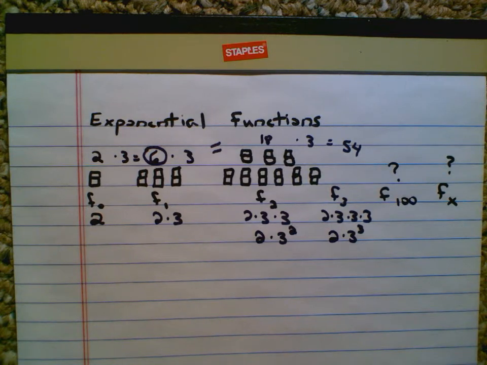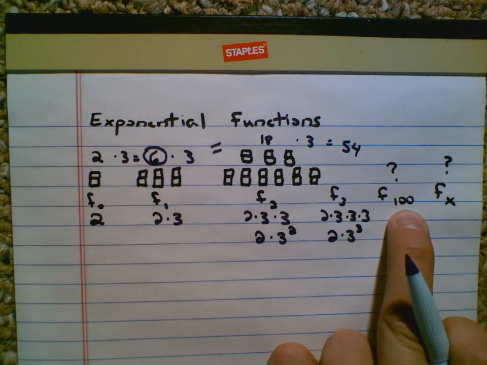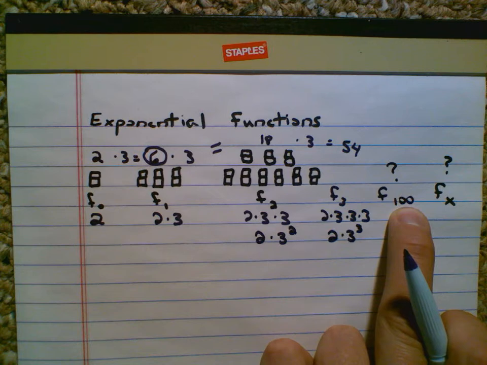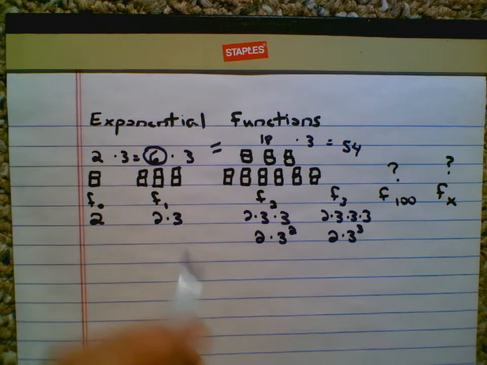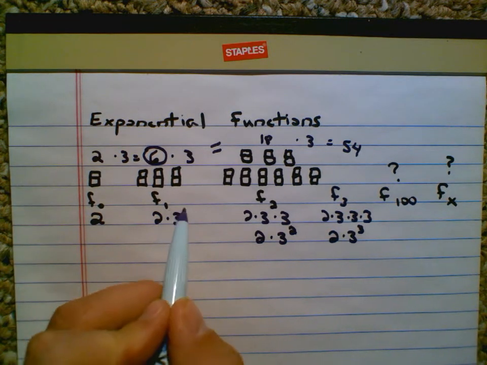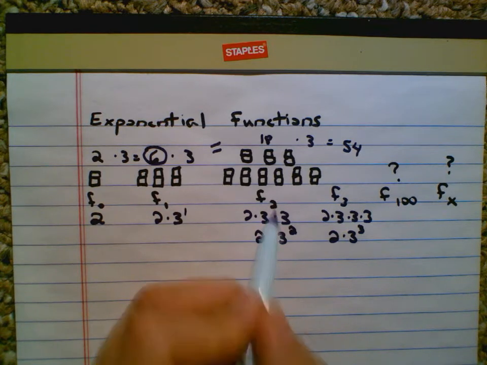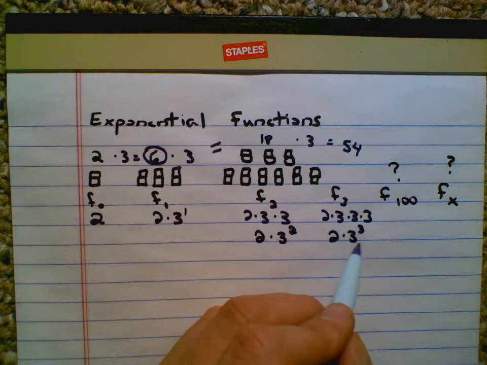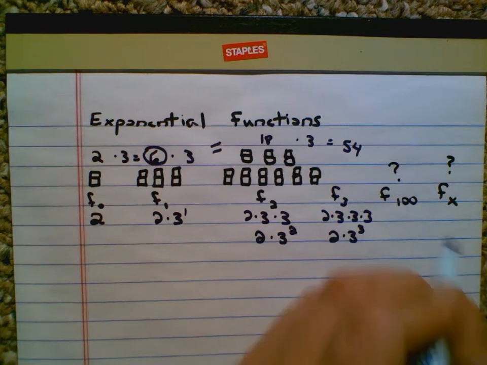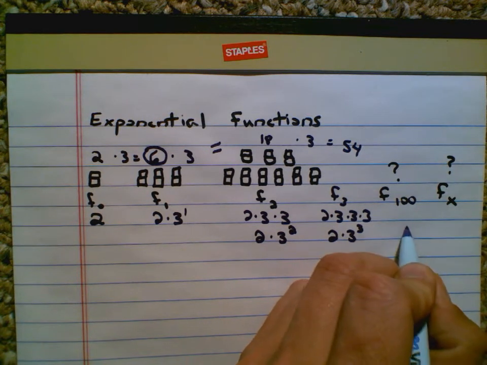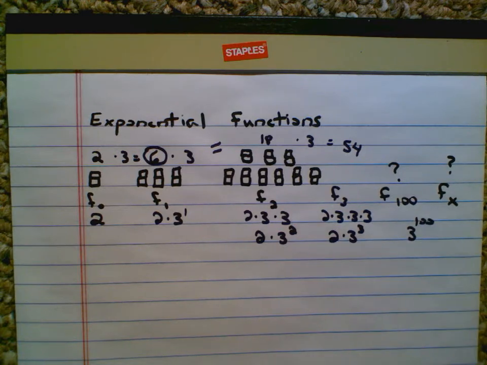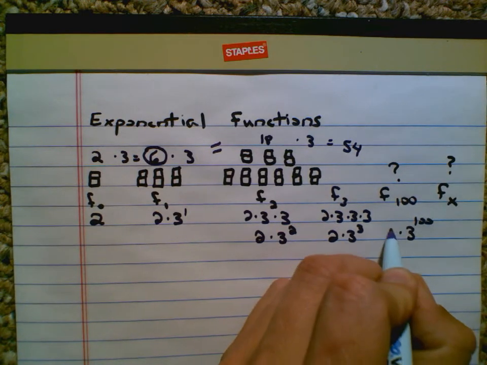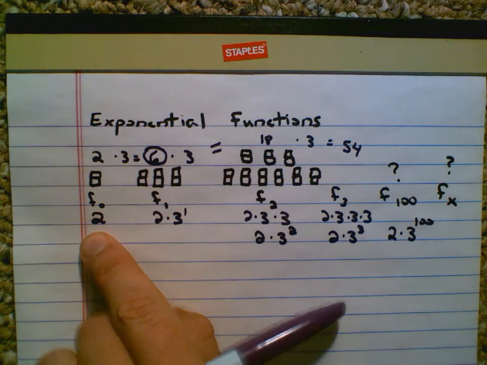Well, that's the same thing as taking 2 times 3 times 3 times 3, or 2 times 3 to the third. So if I wanted to find what the expression is going to be for 100 boxes, well, if figure 1 gave me 3 to the first, figure 2 gave me 3 to the second, and figure 3 gave me 3 to the third, I can guess that figure 100 is going to be 3 to the 100 power times my original amount of 2.